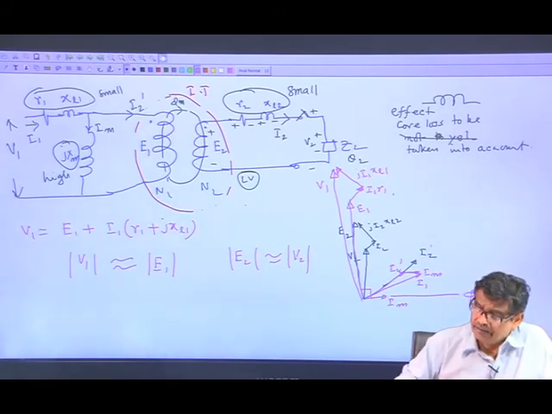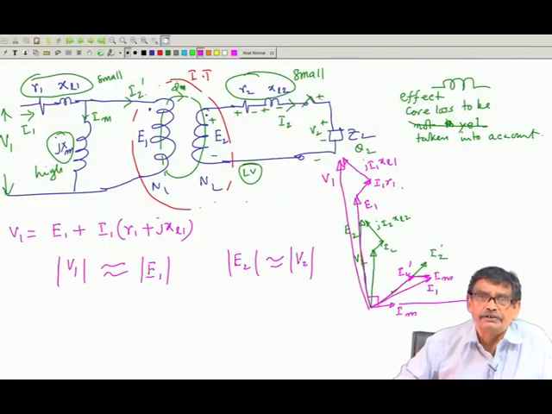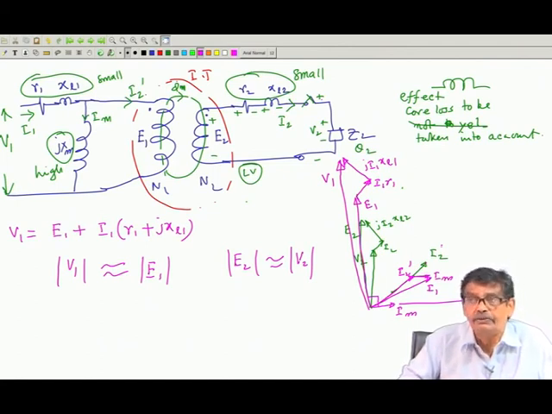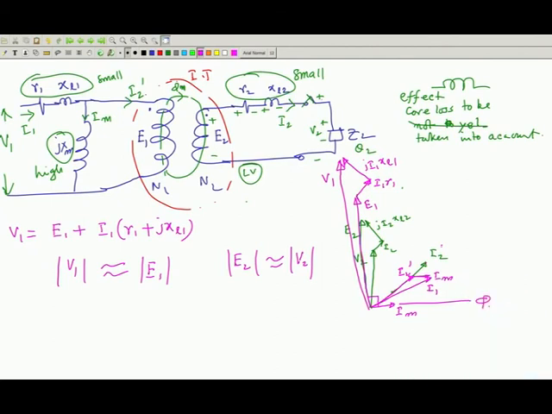Therefore, it is not very incorrect to say that the flux level does not change appreciably from no load to full load condition. The change in flux level is pretty small, because R1 Xl1 and R2 Xl2 are small.